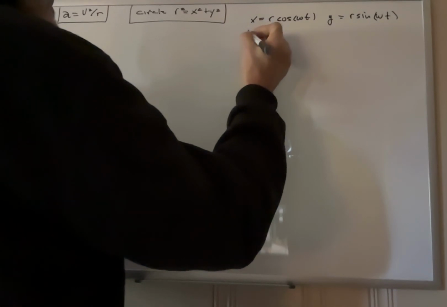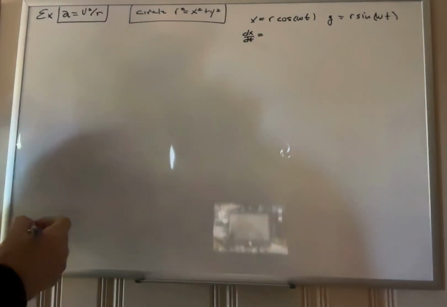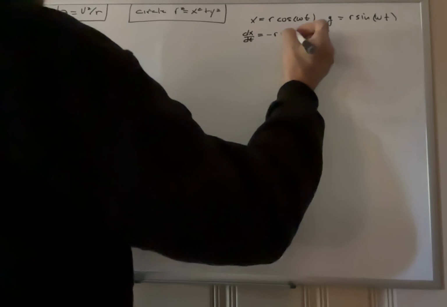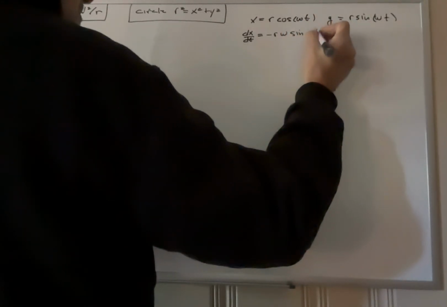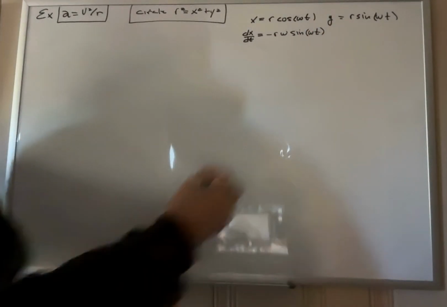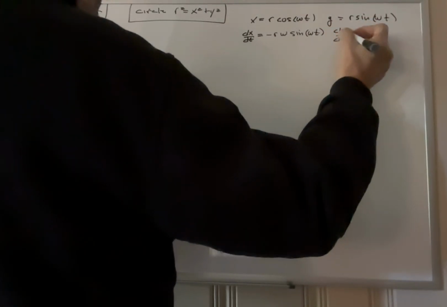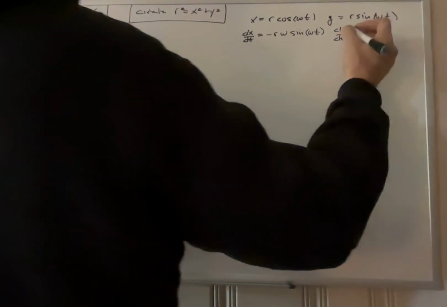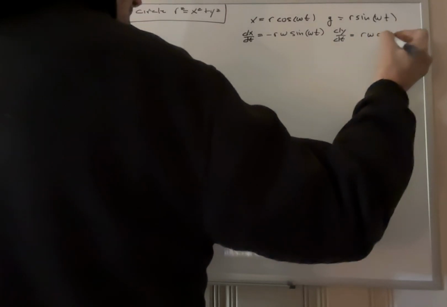So dx with respect to t, our first derivative, is going to be negative r w sine wt. And then our first derivative in y is going to end up being r w cosine wt.